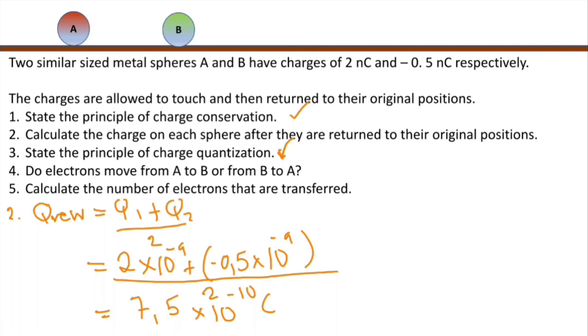Do electrons move from A to B or from B to A? So which is the more negative of the two charges? B is the more negative. There's more electrons here. So electrons are going to move from where there is more of them to where there is less. So it's from B to A.